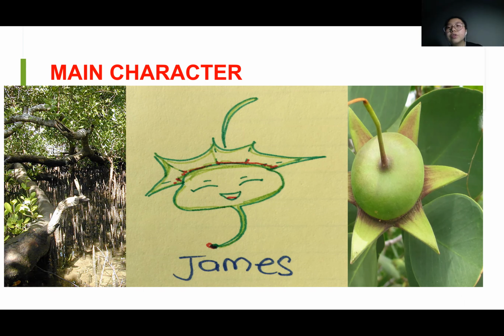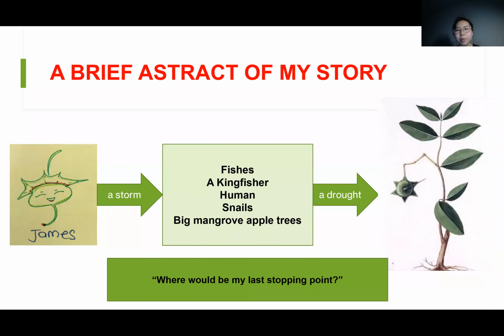Now I want to move to the next slide to talk a little bit about my story. Hopefully you still remember my main character named James. The beginning of James' journey starts with a storm, which makes him fall into the water and float down the river to many unknown new lands.